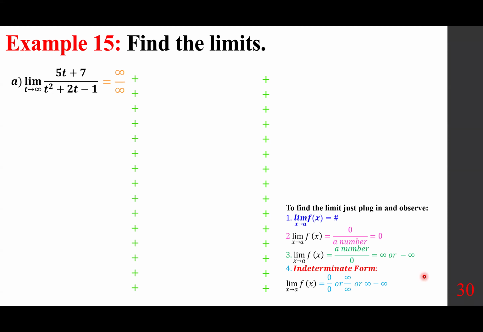What's the technique? Because this is a rational expression, and the variable, x, y, z, t, is approaching infinity, the technique is to divide by the highest degree term in the denominator. So you're going to divide everything by t squared.